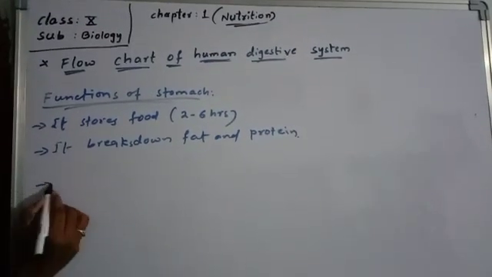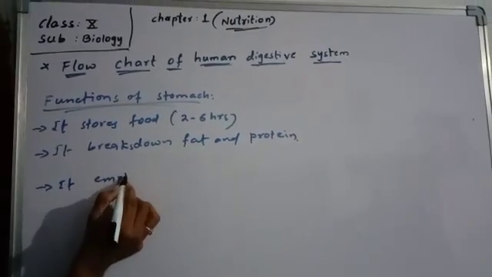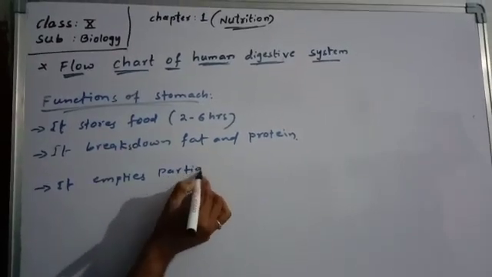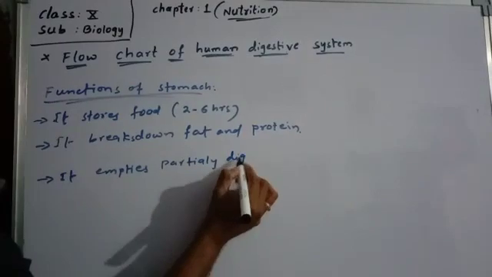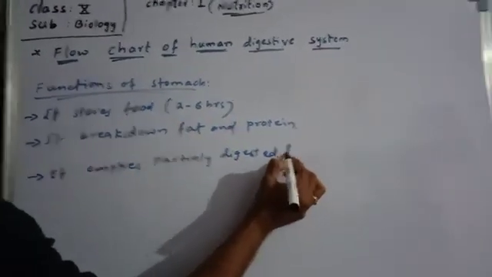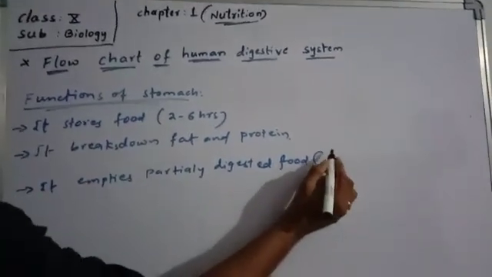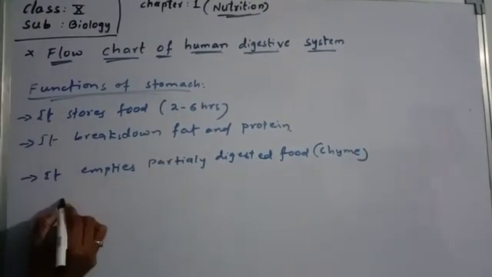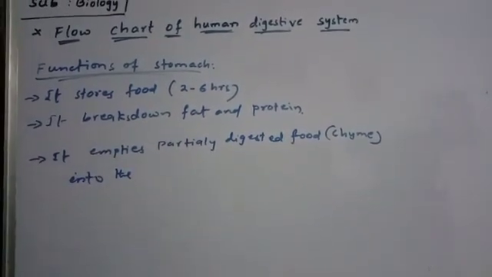What is the next point? It empties partially digested food, which has been converted to chyme, into the duodenum.